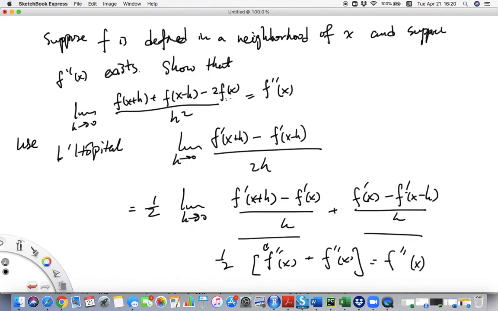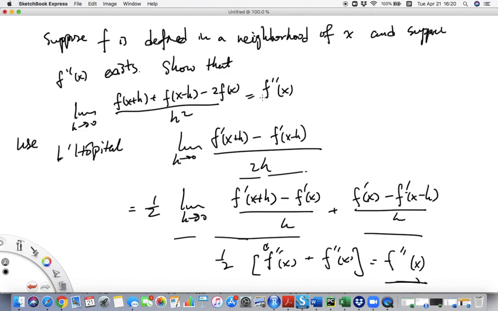Okay, so here some of you might wonder, because we take the derivative with respect to h, this thing really has nothing to do with this expression, right? So does that imply if we replace this by anything else, as long as it's independent of h, we'll get the limit equal to f double prime of x?